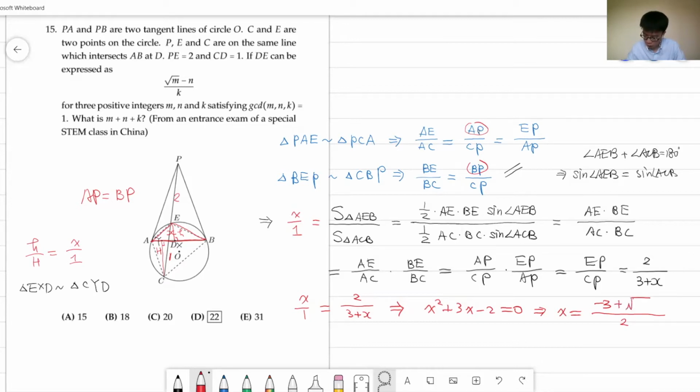Square root of 17: 3 squared is 9, 9 plus 8 is 17. So that means M plus N plus K is equal to 17 plus 3 plus 2. So the answer is 22. Okay, the answer is D.